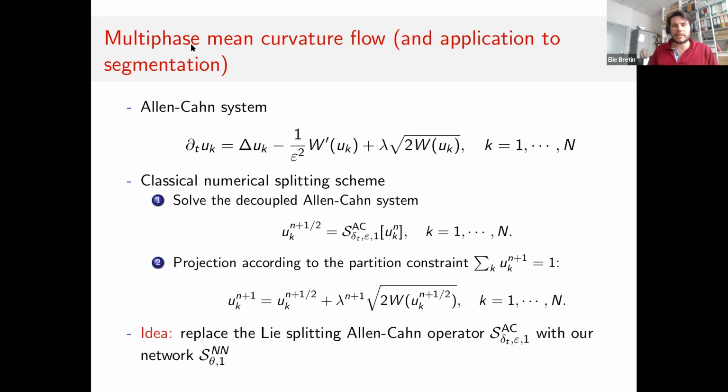It is interesting to test this neural network in a more general situation where we add some constraints. So we consider a multiphase mean curvature flow here, where you simply replace the resolution of the Allen-Cahn equation by applying your neural network, which is with only one phase.